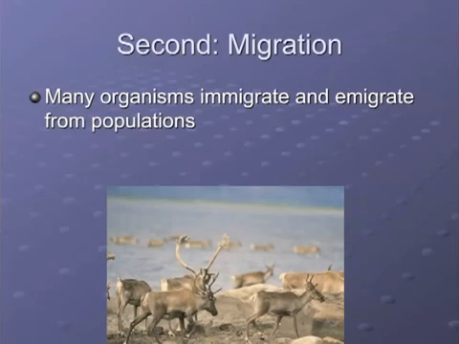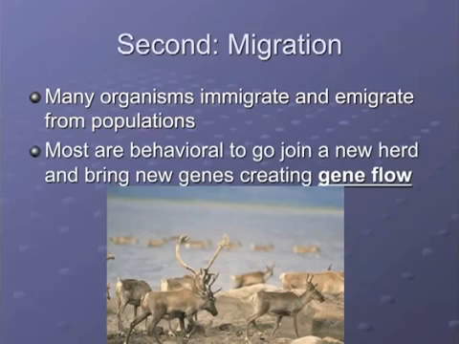So this migration just occurs all the time, and therefore the gene pool cannot stay constant, because if somebody leaves, they take their genes with them. So therefore your allele frequencies just changed. And this is known as gene flow. You have where your genes flow from one place to another. And this causes the allele frequencies to change in various populations, and therefore the Hardy-Weinberg model to not work.